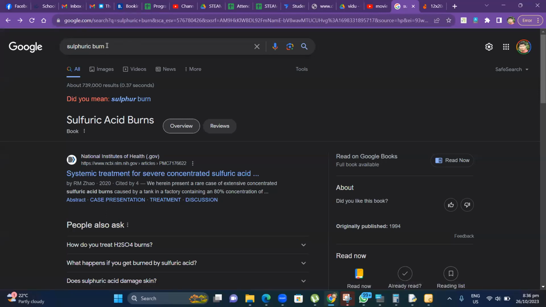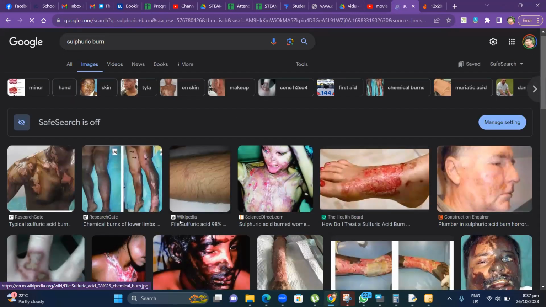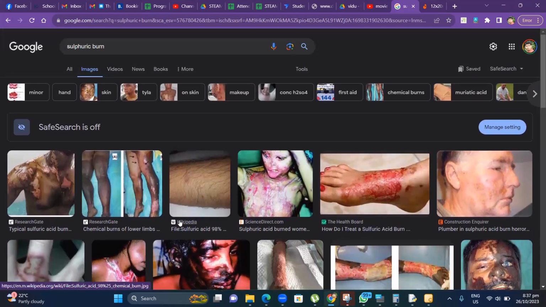Acid rain is basically sulfur in the air mixed with rain, creating acidity, but that is not that much acid. Here, see, this is very dangerous. Can you see? It's very difficult to even look at, because sulfuric acid is a powerful acid.